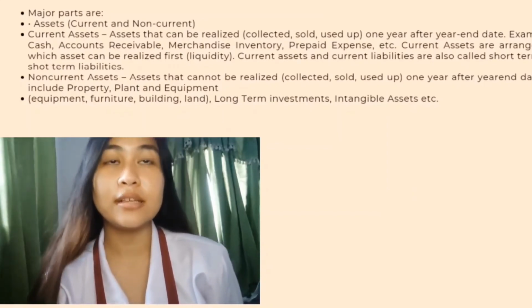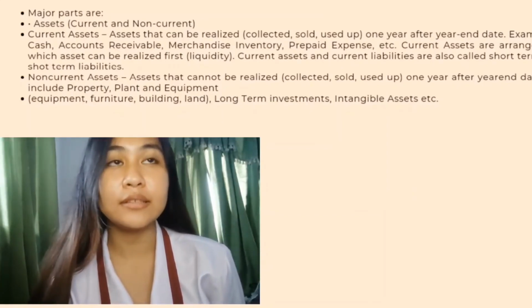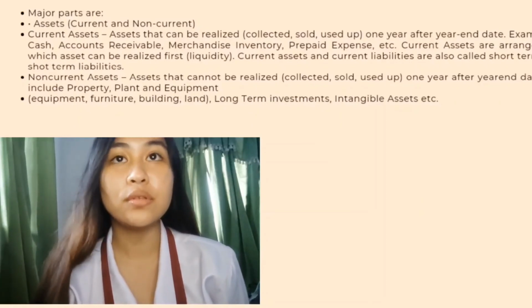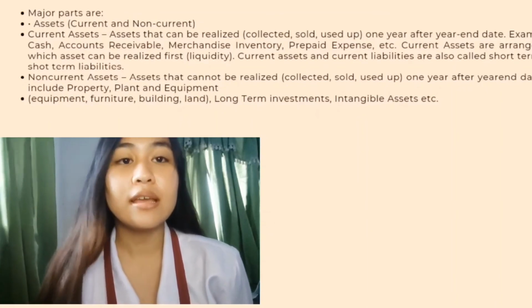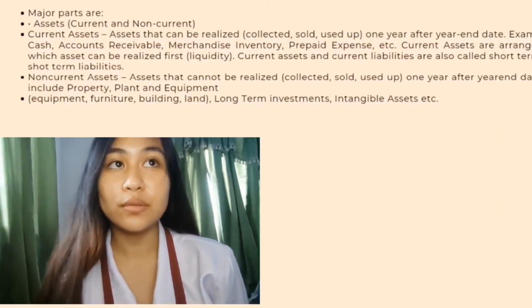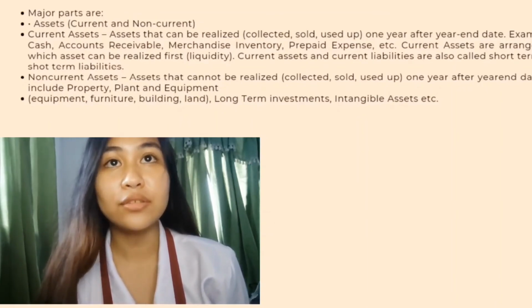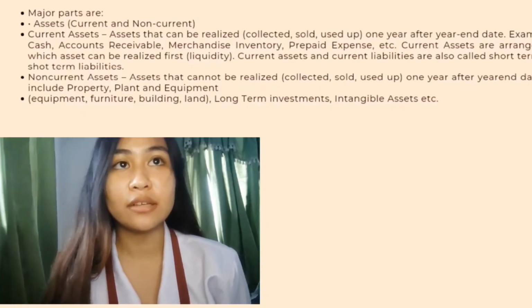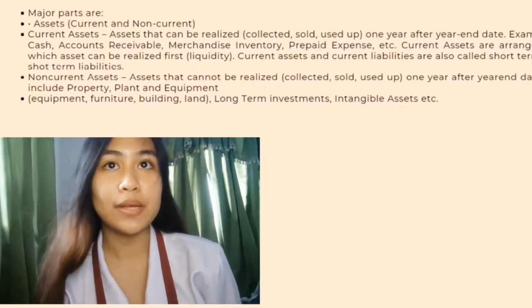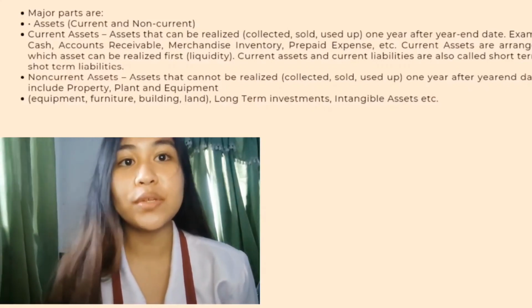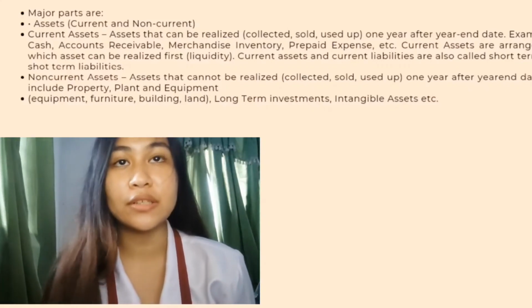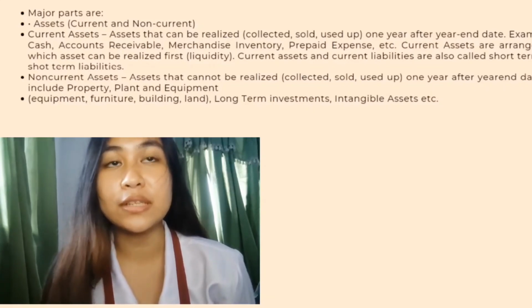Current assets are assets that can be realized, collected, sold, or used up within 1 year after the year-end date. Examples include cash, accounts receivable, merchandise inventory, prepaid expense, etc. Current assets are arranged based on which asset can be realized first, or in terms of liquidity.